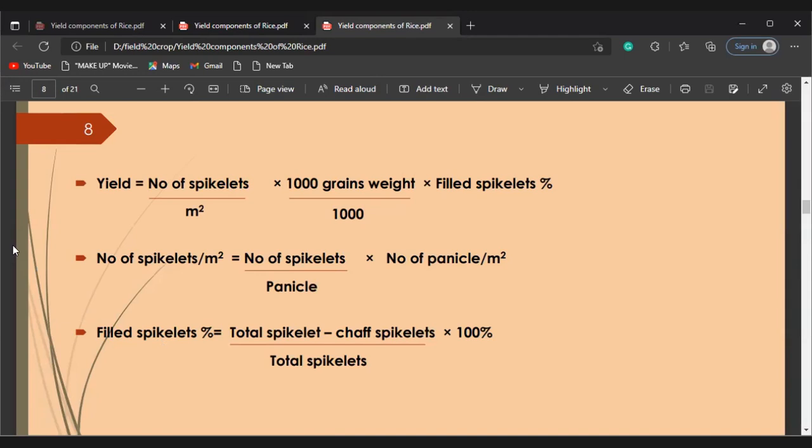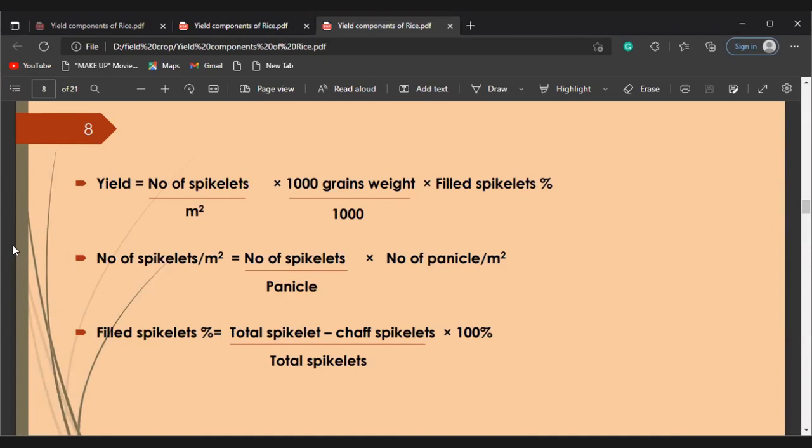Everyone, I want your response in the chat box. Here we discussed three parameters, no? Three factors which can determine the yield. What are the three factors?